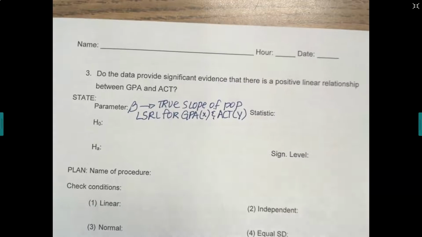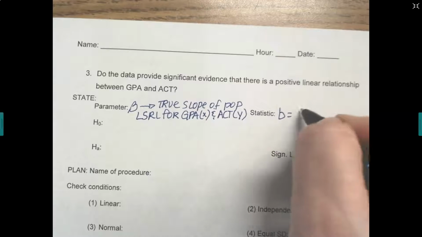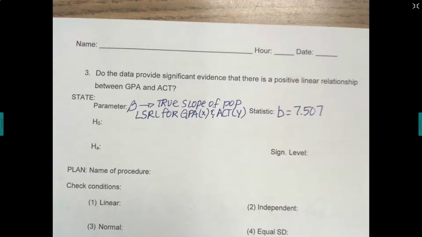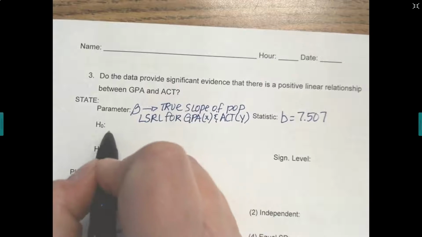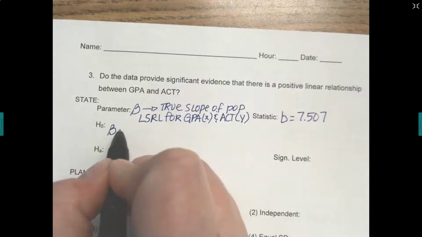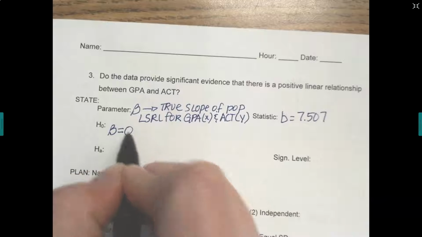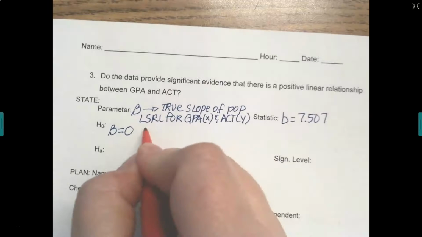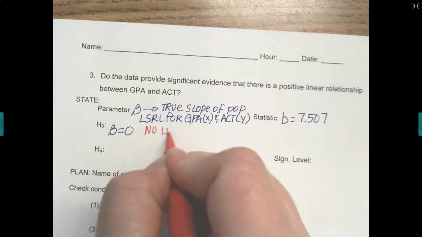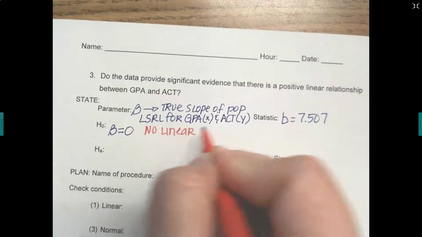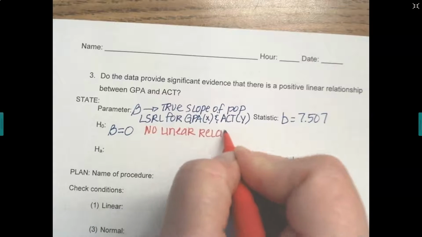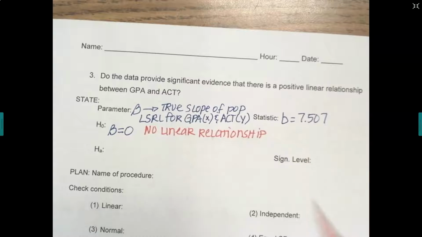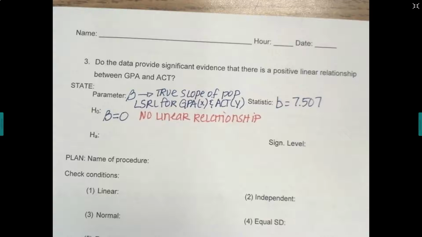Our statistic is our slope, and we got 7.507. Our null hypothesis, which we discussed on the very first day, is that beta equals 0, and that means there is no linear relationship.